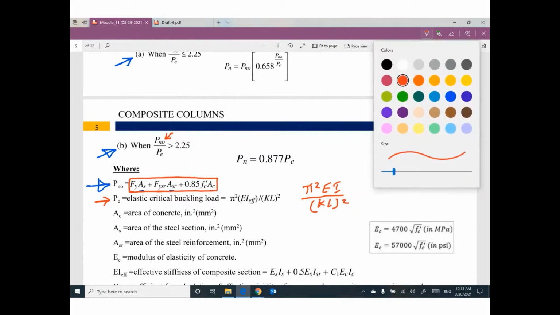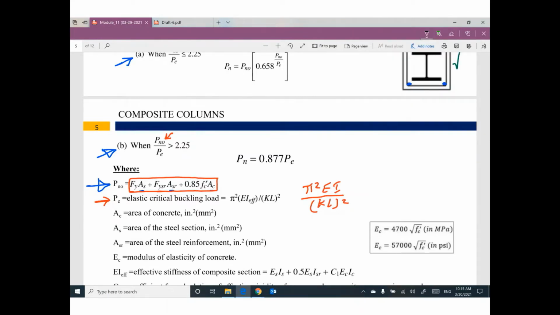Guys, I believe we saw this equation before. Do you remember the value of K? Sometimes the column is hinged, sometimes fixed-hinged, sometimes fixed. So K equals 1, K equals 0.7, K equals 0.5, or for fixed-free, K equals 2. L is the length of the column.